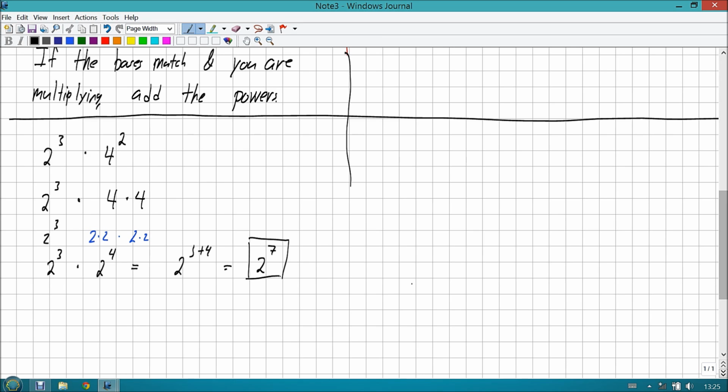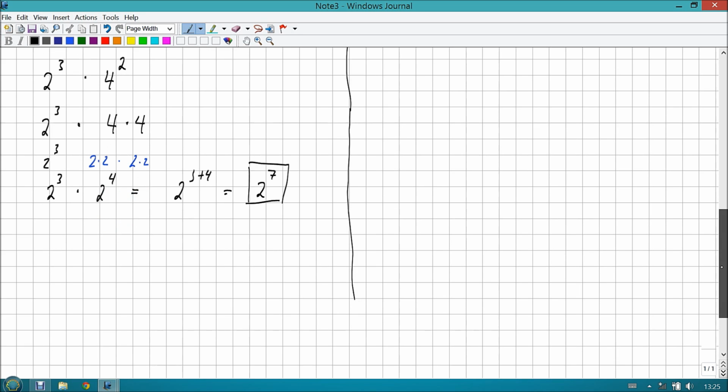Note that I'm leaving it as 2 to the 7th. If you want to turn it into, let's see what, that's 2, 4, 8, 16, 32, 64, 128. You can go ahead and do that, but I like 2 to the 7th. Easier to work with. Not to mention, I don't need a calculator to do that. I can just leave it as 2 to the 7th.